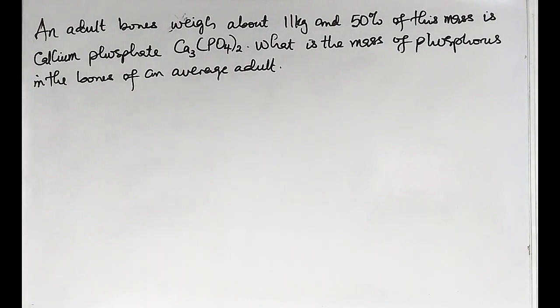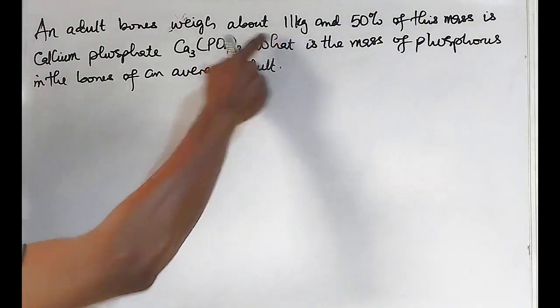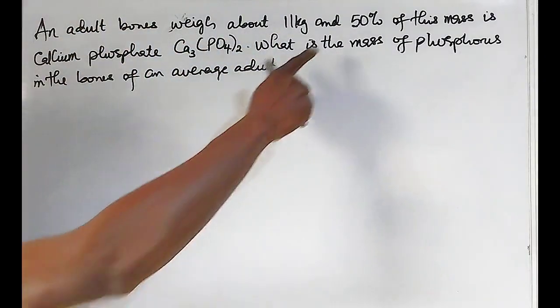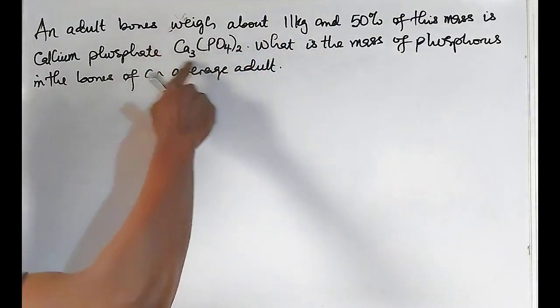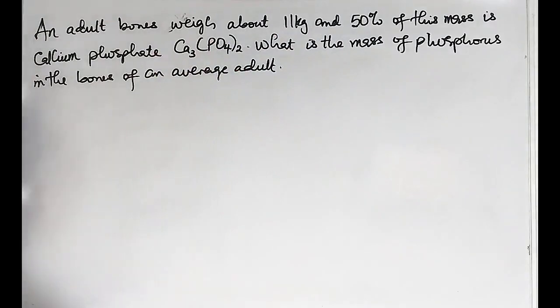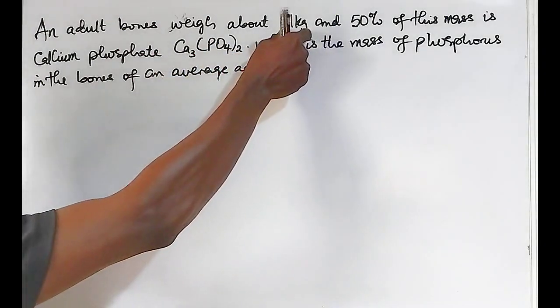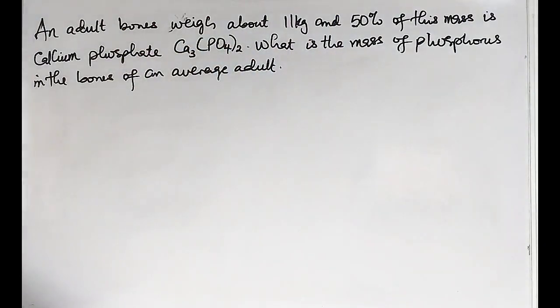We are told that 11 kg is the weight of the human bone, and 50% of 11 kg is calcium phosphate.